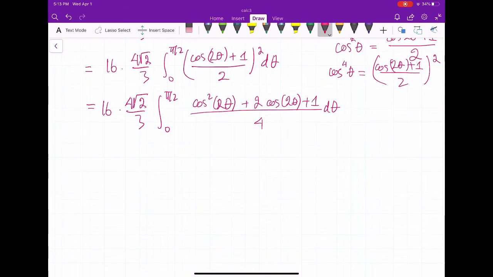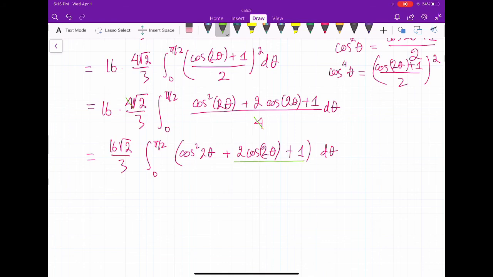So you might simplify 4 with the 4 right here, okay? And that is 16 square root of 2 over 3 integral from 0 to pi over 2 of cosine squared 2 theta plus 2 cosine 2 theta plus 1 d theta.